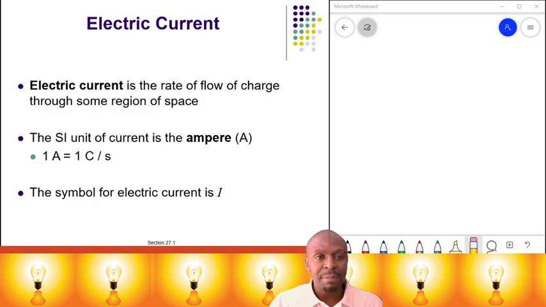Now let us just start by defining the electric current. The electric current is the rate of flow of charges through some region of space, and the SI unit of current is the ampere, and we use A to denote amperes. Now 1 ampere is equal to 1 coulomb per second, and we are using I to denote the electric current.